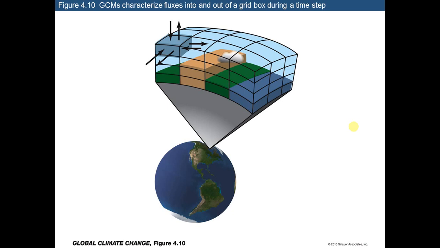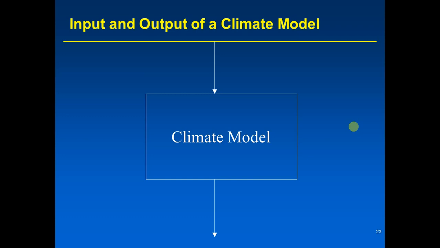So this is important. Now, what goes into a climate model and what comes out of a climate model, okay? You might be wondering, what do we have to put into the climate model in order for it to run? And then after it does its computations and its run, what comes out? Ideas?